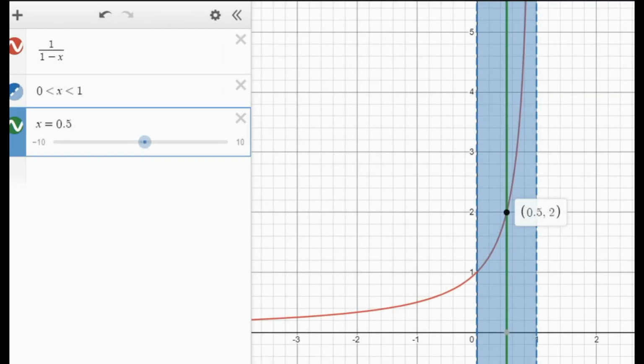If you plot this graph out, you'll see why. I've plotted the function 1 over 1 minus x, where x is just a replacement for D. The blue shaded region is the area where x is greater than 0 and less than 1, because the duty cycle cannot be greater than 1. The green line is 50% duty cycle. What you'll see is that it asymptotically shoots right up as we approach 1.